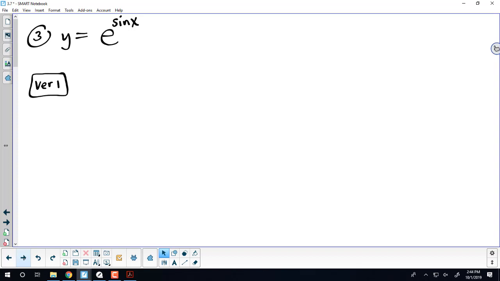No, that's just cosine. So it would be e to the sine x, and then we're multiplying that by the derivative of the inner function, which would just be cosine x.